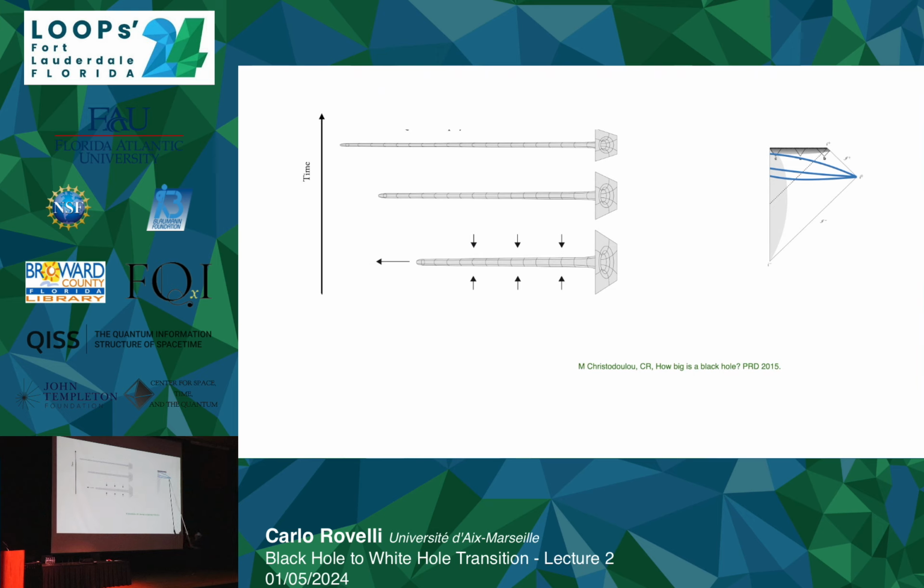Before going ahead, maybe it's a good moment to get a geometrical picture of what is going on. Take a constant time Cauchy surface, a spacelike surface in the classical region, crossing the horizon at some point, and look at the geometry of this part here. If you choose a foliation appropriately, it's easy to write down and to see what's going on.